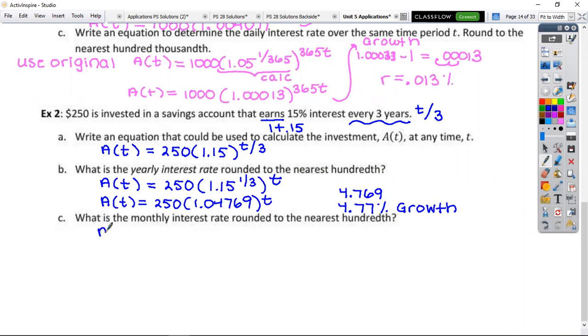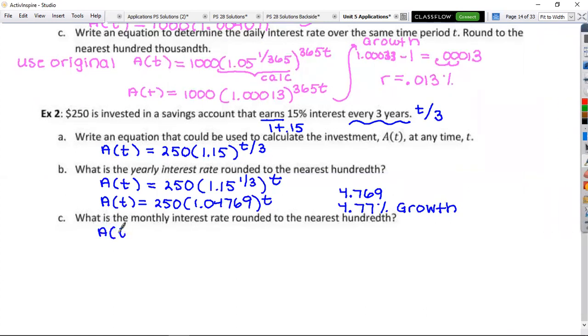So I go A of t equals 250. And I'm going to go 1.04769 raised to the 1/12 to the 12t. And again, the only part that goes in the calculator is just this.